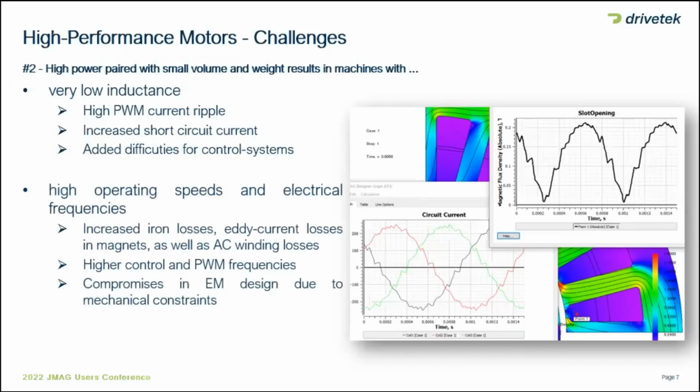And due to the high velocity, we usually have some compromises in the mechanical domain, like the rotor binding, which needs to be strong enough so the machine doesn't fail during operation. And this usually results in limited fault tolerance.